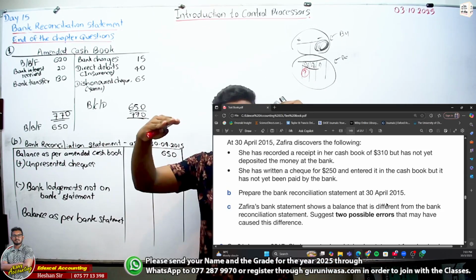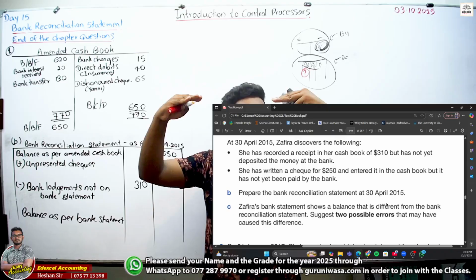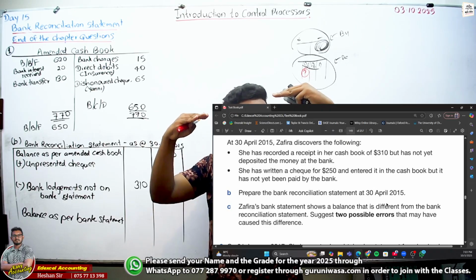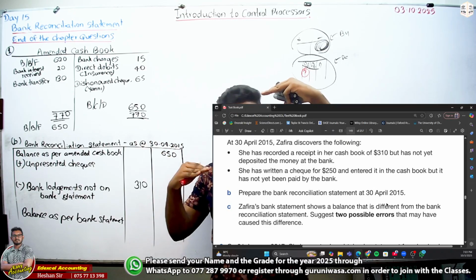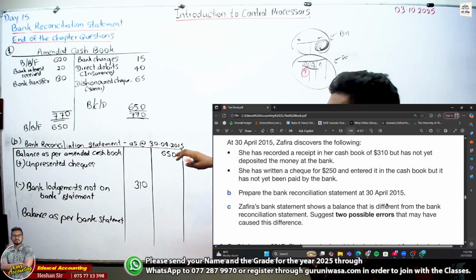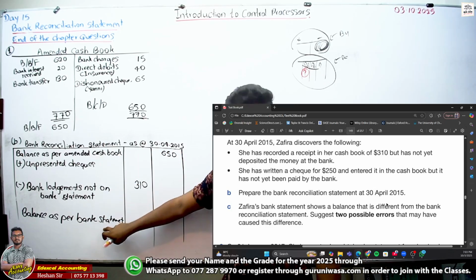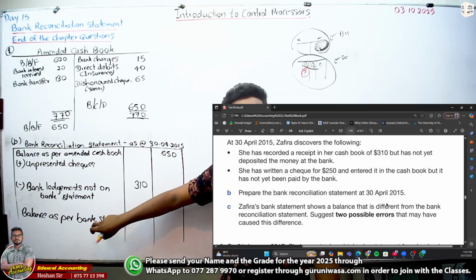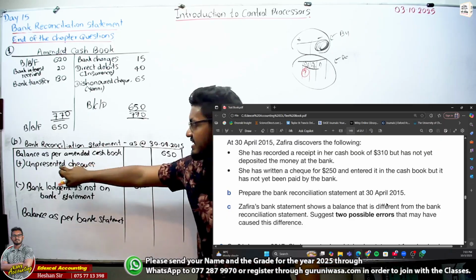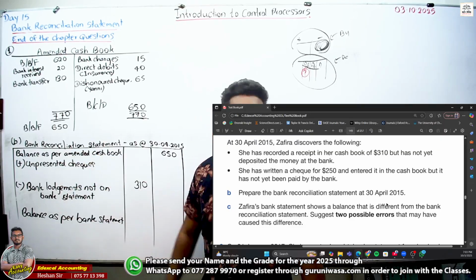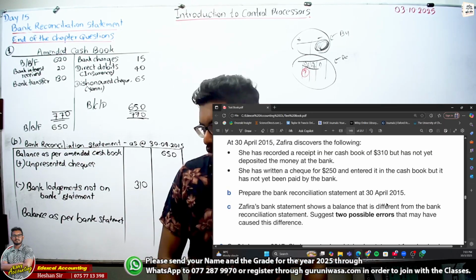Take 100. Since the business deducted 10, the business balance decreases to 90. In the bank statement it is not deducted, which means it is still the same, 100. 90 plus 10 is 100. That's why we added it. Right? Okay.